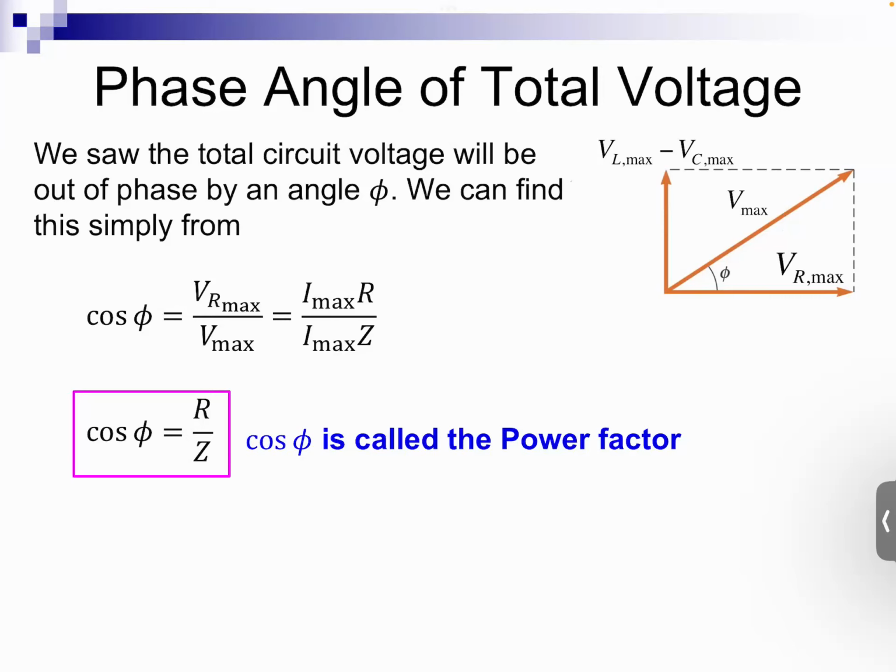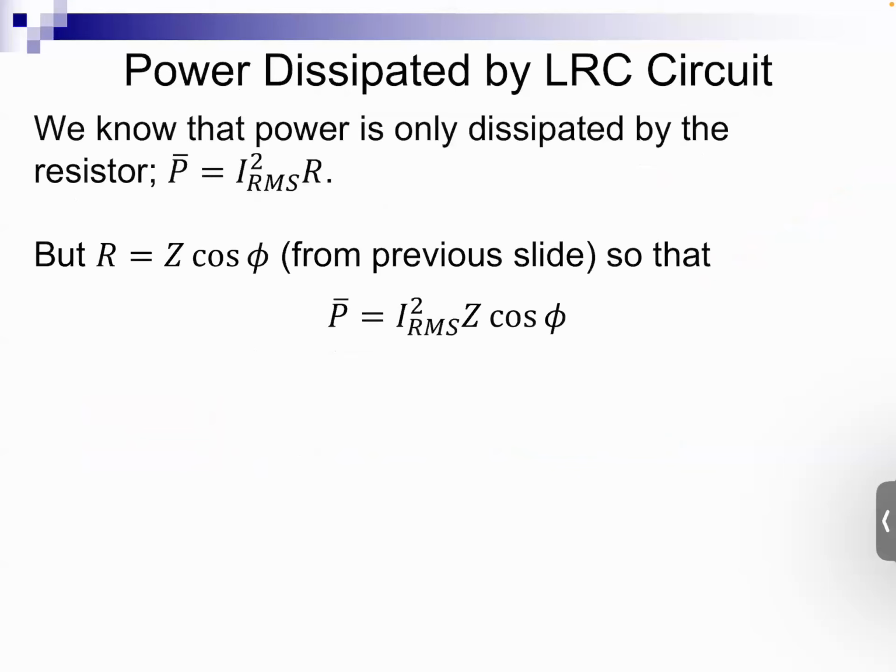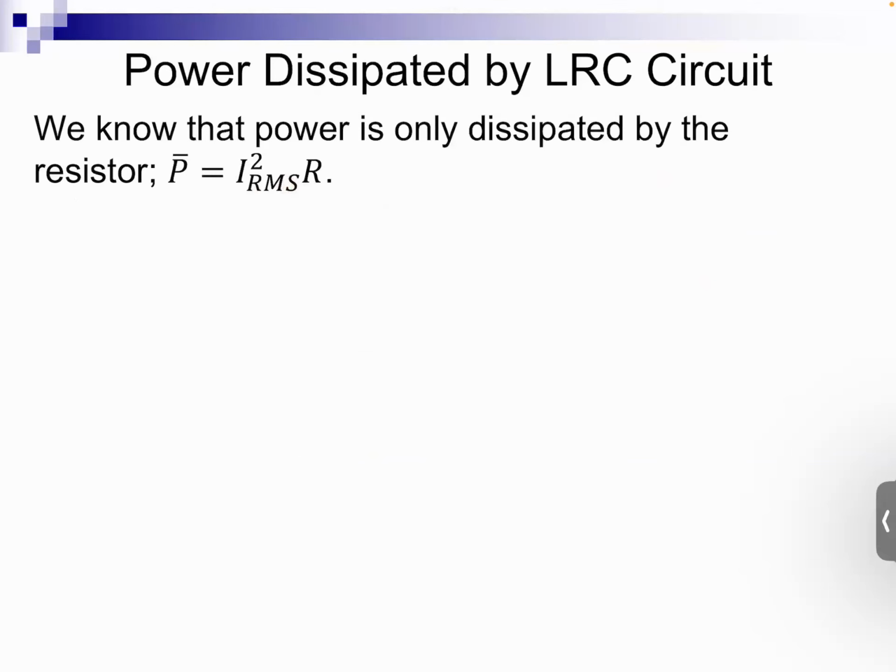Okay, so if you find the power, average power is IRMS times VRMS. But using the definition VRMS is equal to IRMS R, we can also write the average power in terms of the current only.